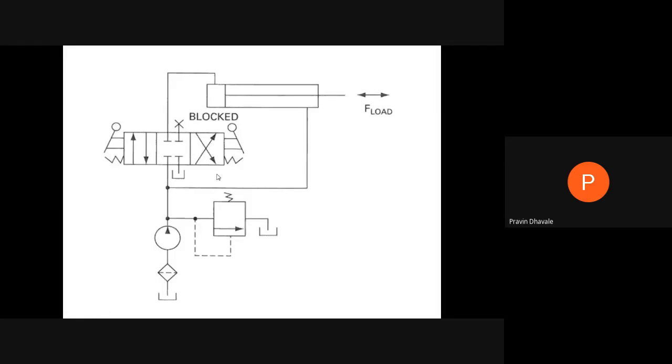What I have to inform through this regenerative circuit is that whatever the energy or whatever the fluid coming from the B port or piston rod end, instead of wasting its energy by passing it to the reservoir, we can supply the fluid coming out from the cylinder outlet in combination with the pump outlet at the inlet of the cylinder, due to which the volume of the fluid supplied at the inlet of the cylinder will be increased.